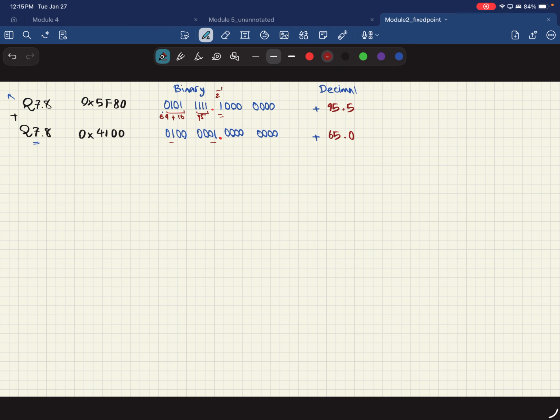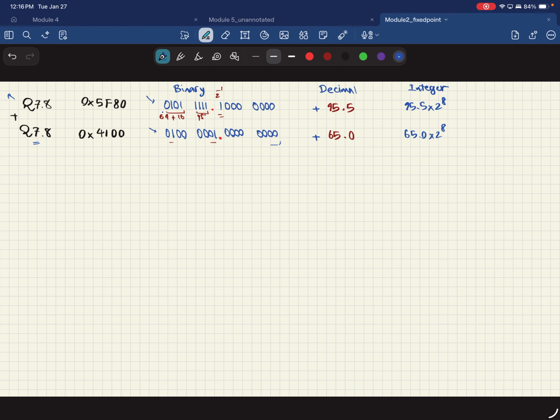If we were just looking at them as integers, there was no point. How much would they be? This one would be 95.5 multiplied by 2 to the power of 8, and 65 multiplied by 2 to the power of 8.